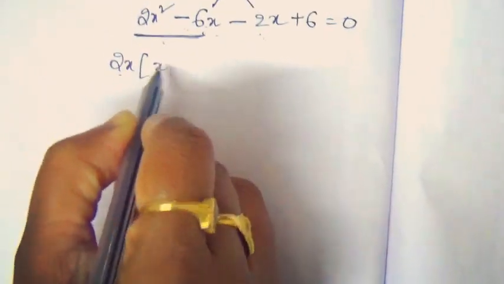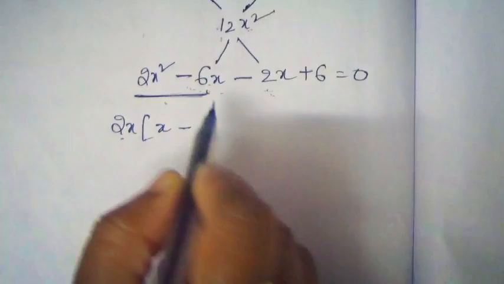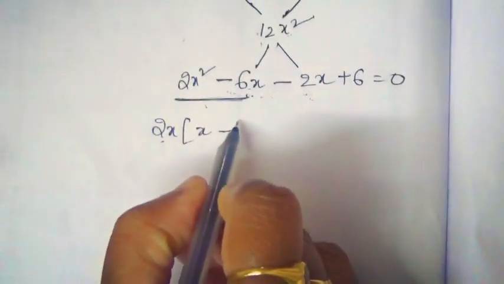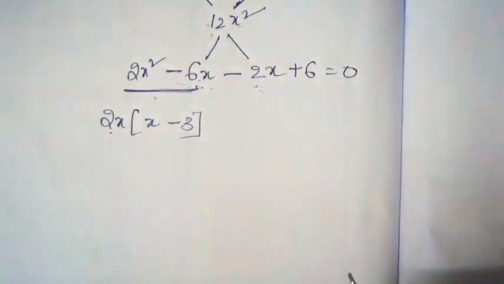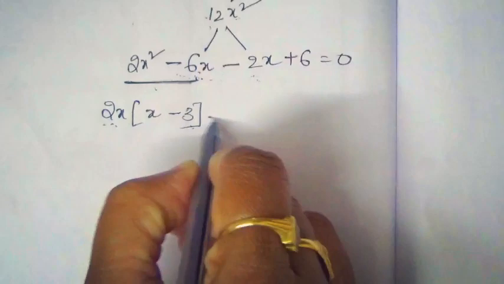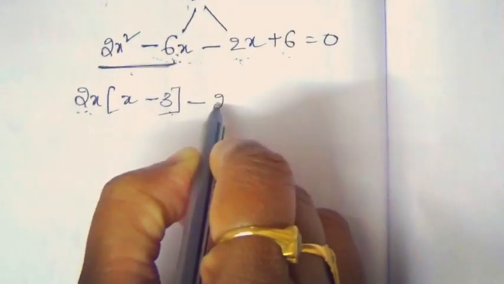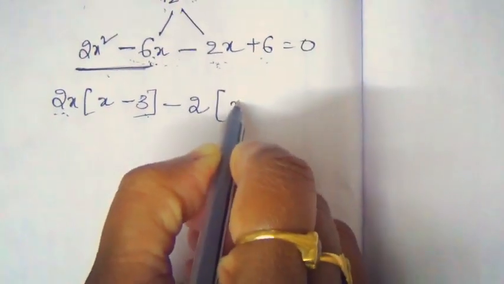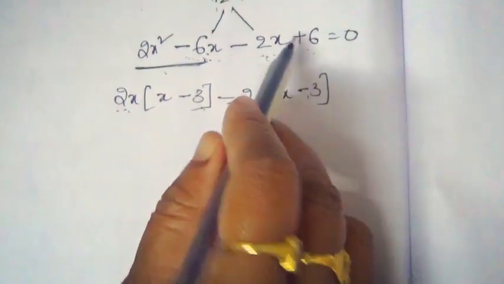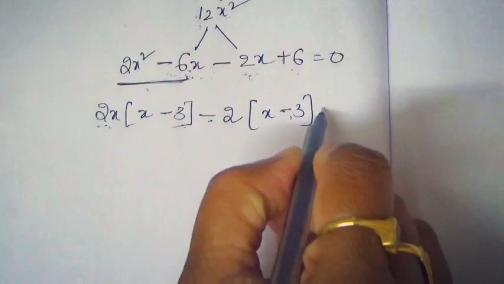What remains here? X minus 2, which we already took as a common term, hence we have only 3 here. Why? Because 2 threes are 6x. From here I will take 2, so x minus 3. Why? Because minus of minus becomes plus. So that is equal to 0.